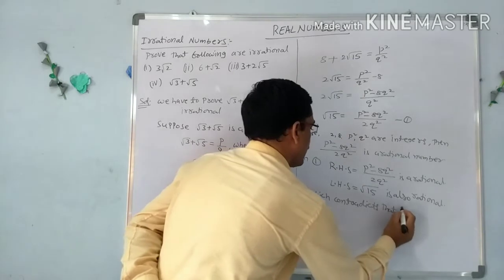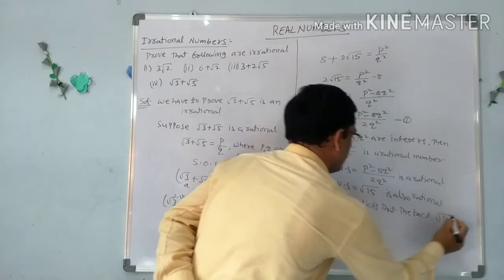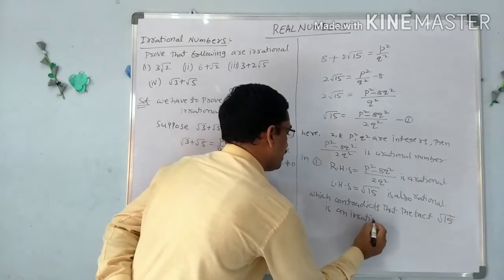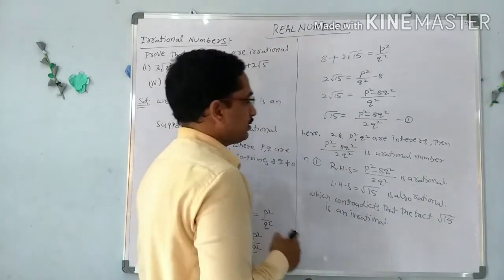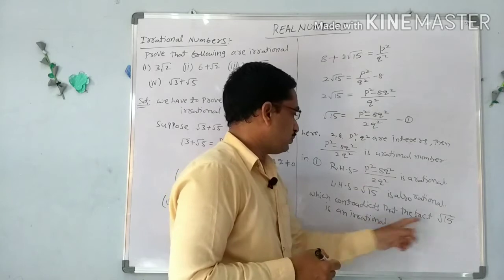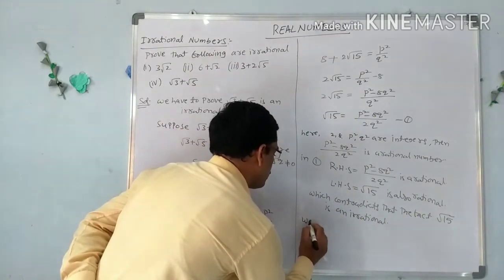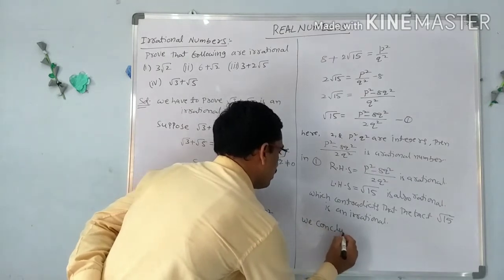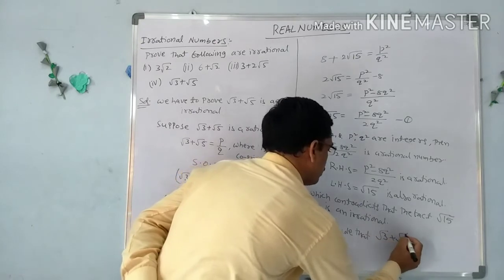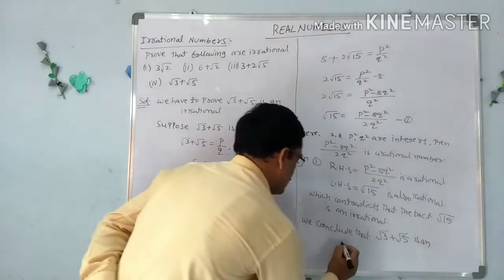What is the fact? Root 15 is an irrational. We are getting a contradictory statement that root 15 is rational, but it is opposite to root 15 being irrational. So what is the conclusion? We conclude that root 3 plus root 5 is an irrational number.